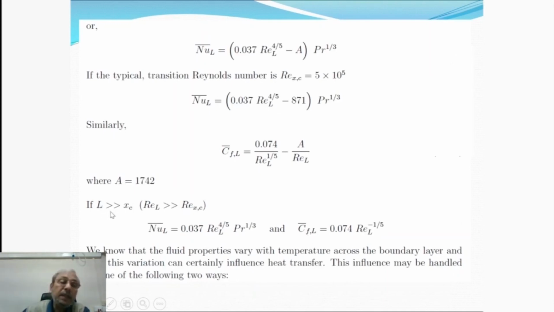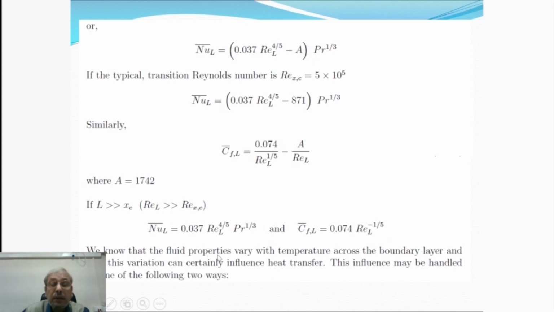If the plate length is much higher than the transitional length, then the average Nusselt number based on plate length over the entire plate is 0.037 ReL^(4/5) Pr^(1/3), and the average skin friction coefficient based on plate length is 0.074 ReL^(-1/5).